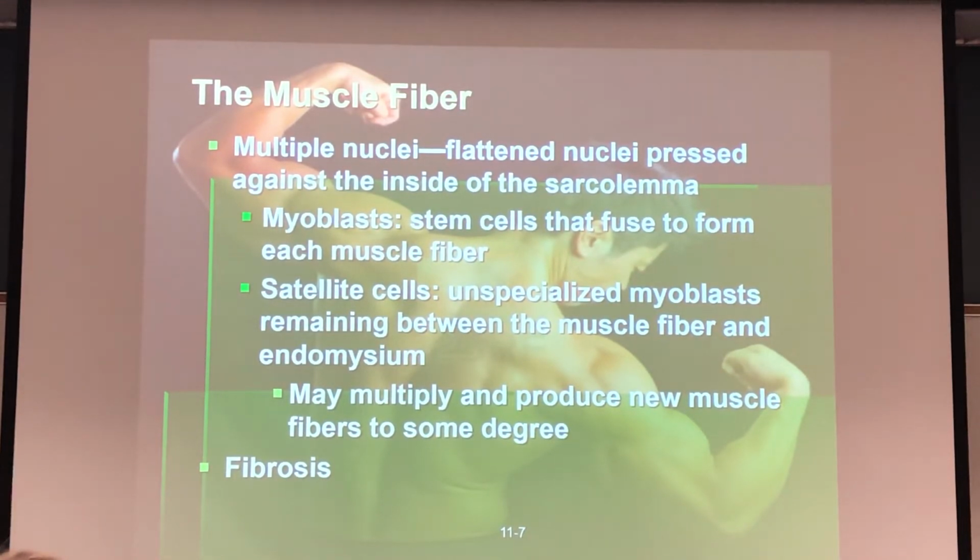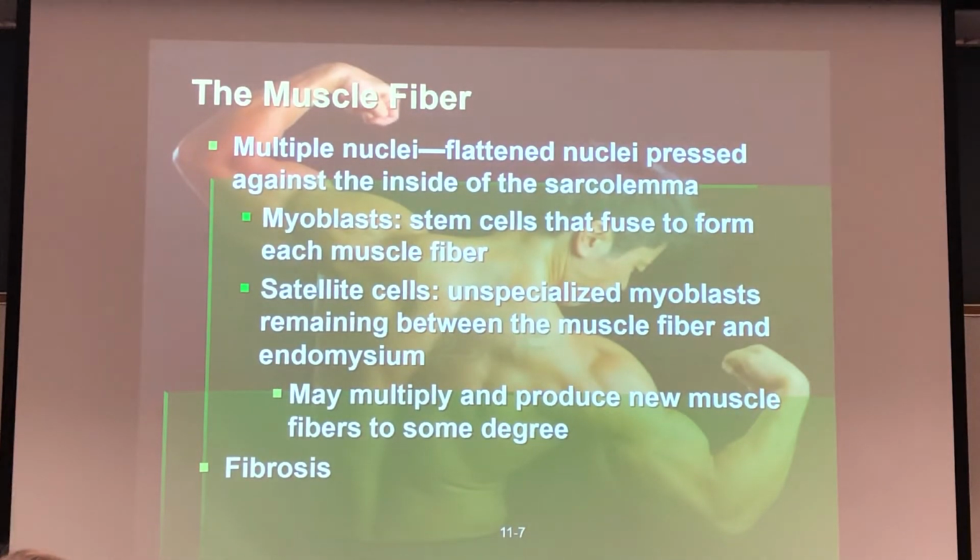When we talked about bones, we said osteogenic cells make osteoblasts, which can become osteocytes, or osteogenic cells can multiply and fuse together to form an osteoclast, and it took many osteogenic cells to make one osteoclast.